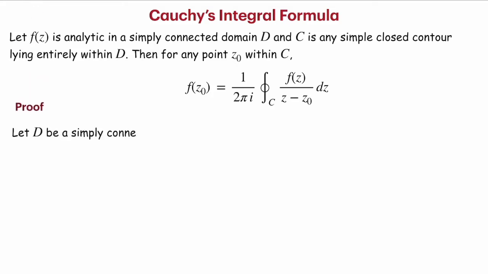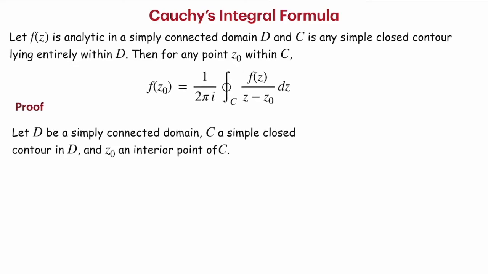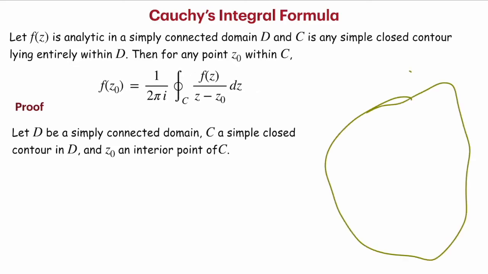Let's look at the proof. Let D be a simply connected domain and C a simple closed curve in D. Let z0 be any interior point inside C. So let's draw this. We have a contour C inside which the function f of z is analytic, and we are taking the orientation to be counterclockwise, that is our positive direction.